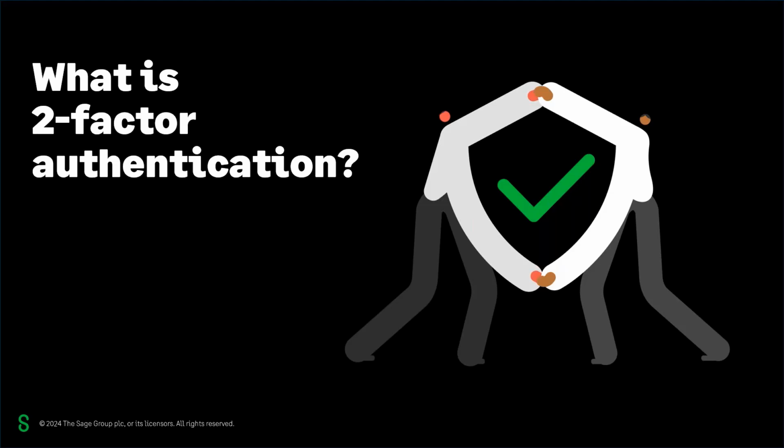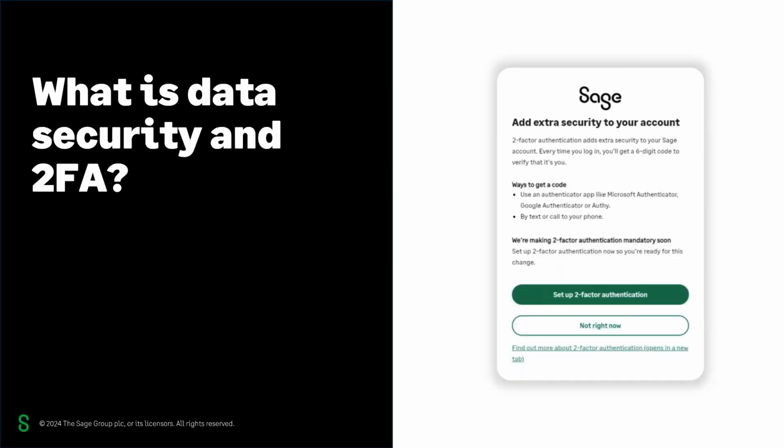So a little bit about what is data security and what is two-factor authentication, or 2FA, as Abby mentioned, we're going to refer to it as. Data security refers to how we as humans protect our digital assets from unauthorized access. And when we're talking about unauthorized access, that could be anybody.